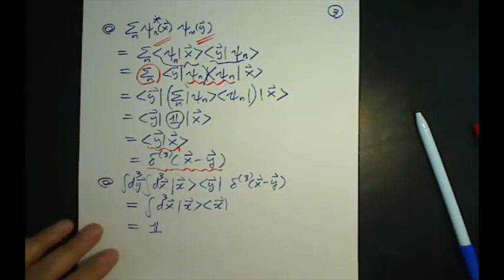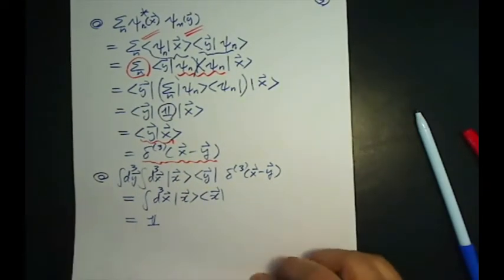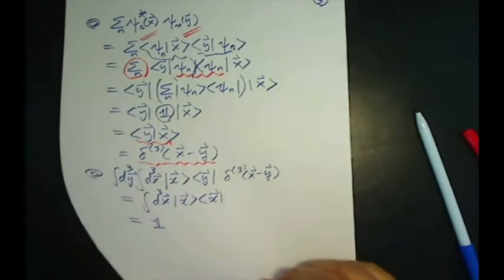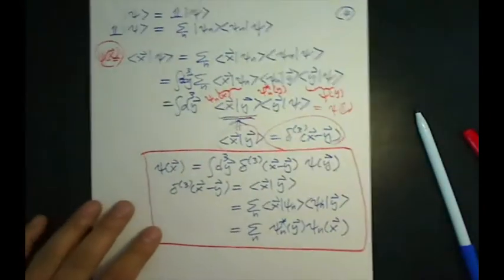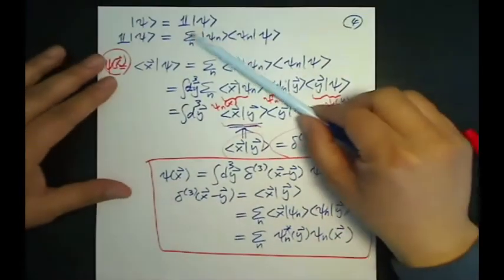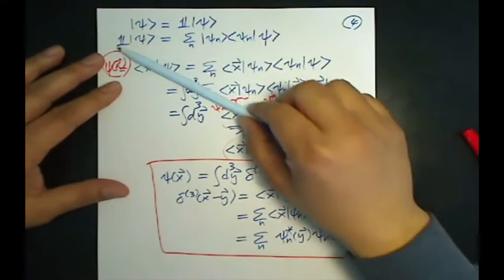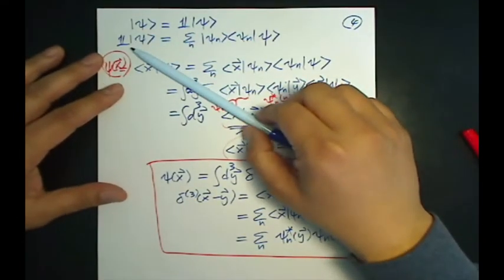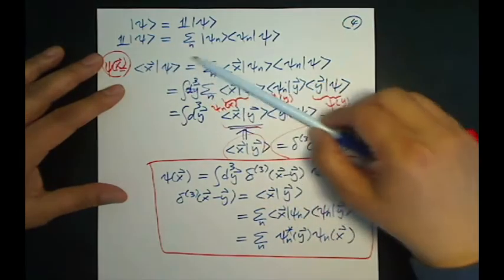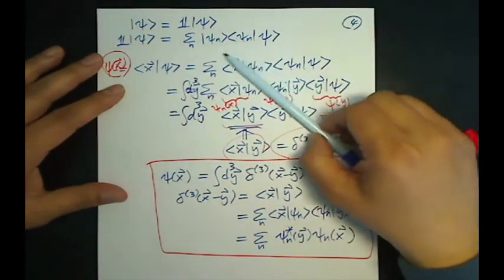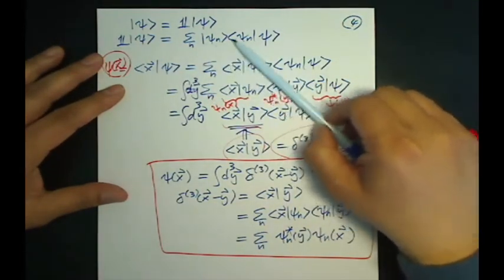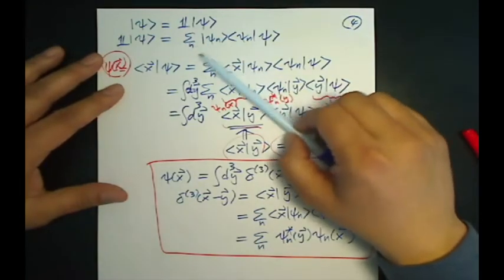Okay, so this can be extended further. We consider a state ket psi. If we multiply the identity operator, that can be expressed as a direct product of eigenkets summed over all eigenstates.